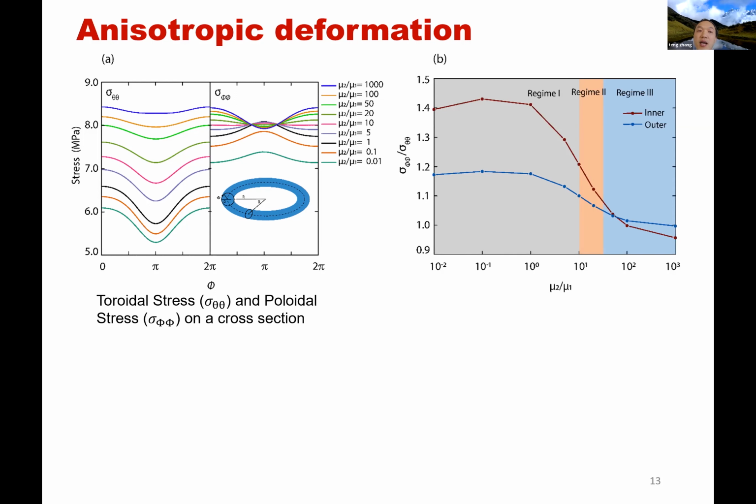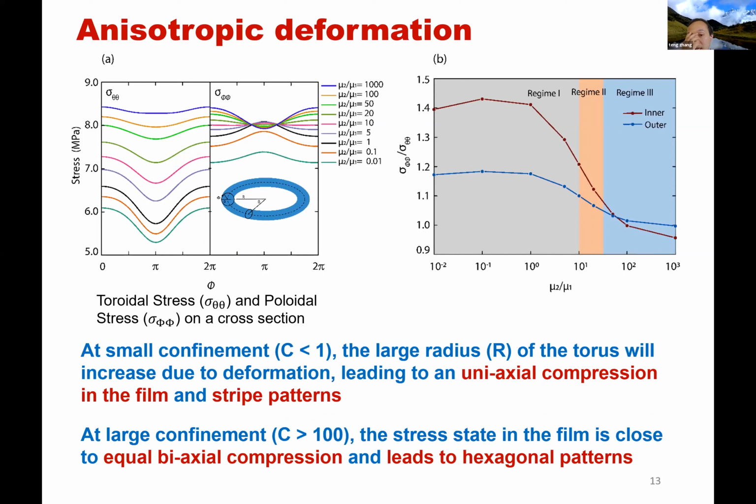This is far away from equal biaxial compression, which is why you observe sinusoidal wrinkles. You also notice that now the maximum stress appears at the inner surface. Then the sinusoidal wrinkle will first appear at the inner surface, then propagate to the outer surface. This shows the importance of the global deformation, and that non-uniform curvature will influence the patterns.